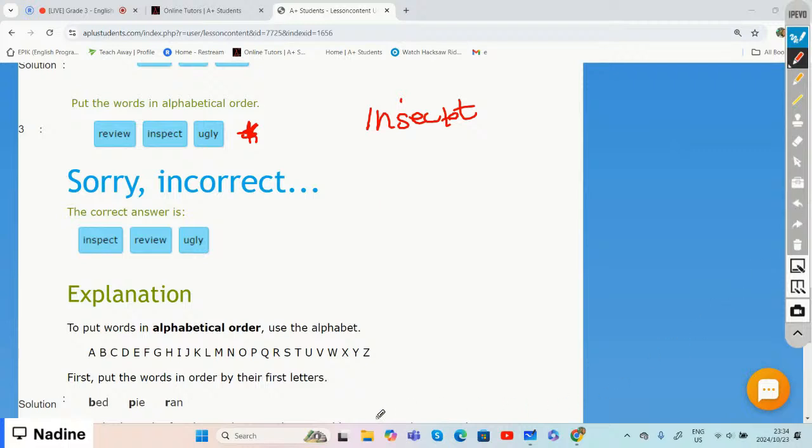So first we have inspect. Then what do we have? Yes, then we have review. And then lastly, we have ugly.